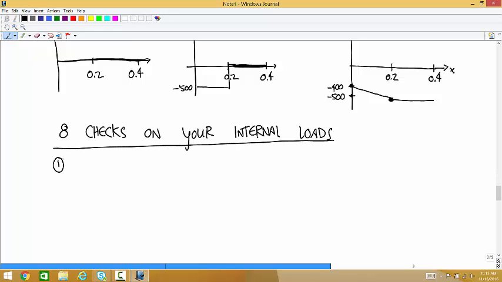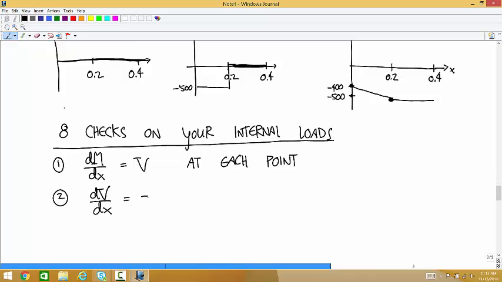The first one is at every point, dM/dx has to be equal to V. I'm going to list these all out, and then I'm going to go back. Second, dV/dx has to be equal to negative q.